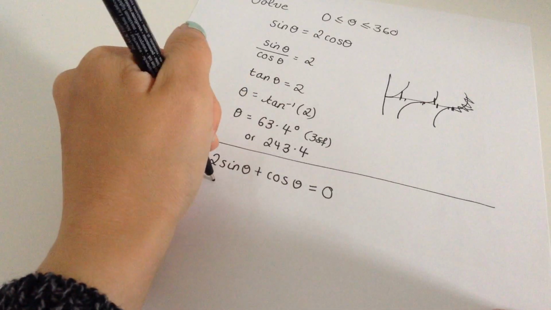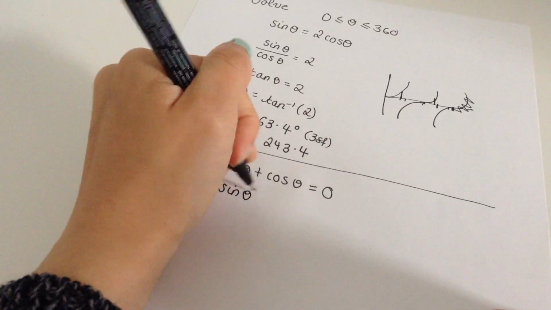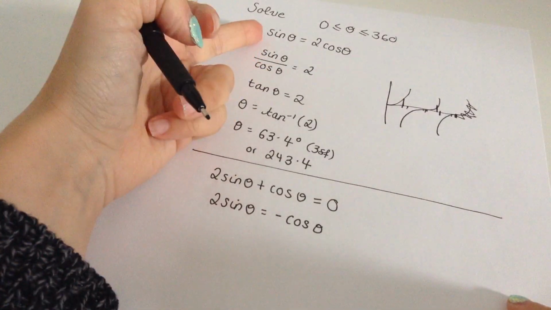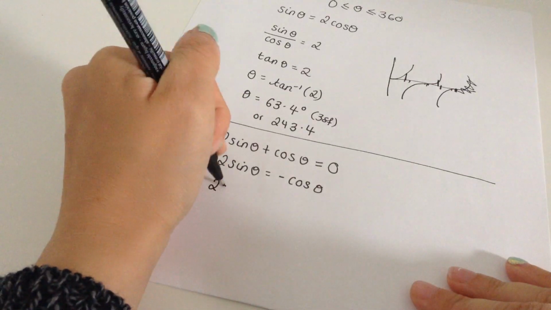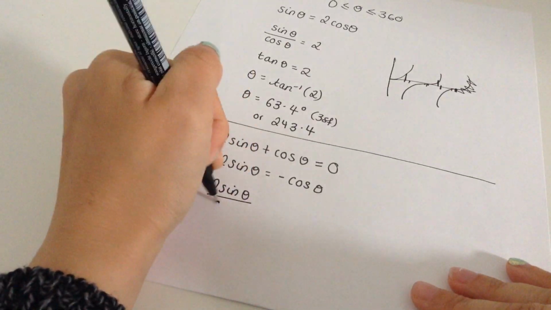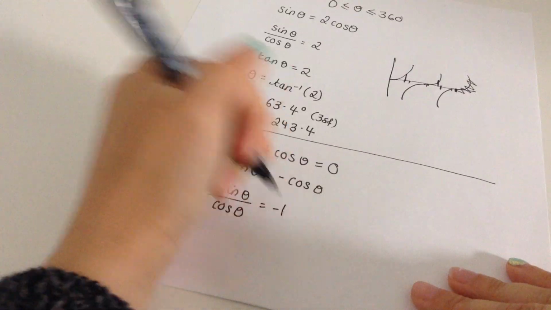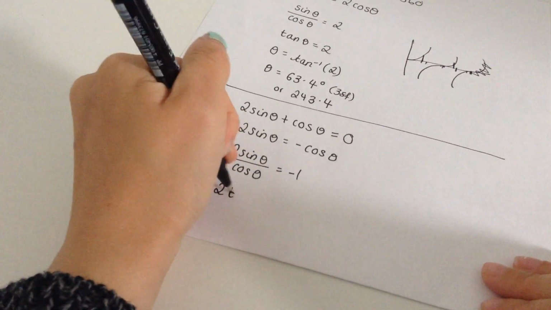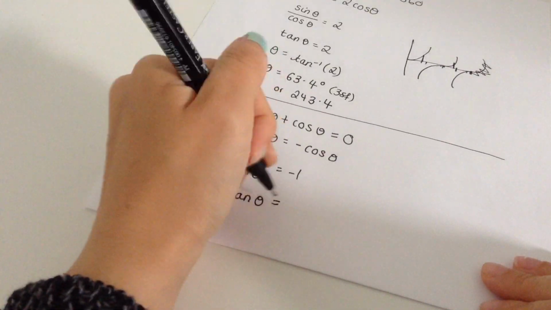If I take away cos from both sides, then it's basically the same as that. I can divide both sides by cos, and then I have a tan. Well, I have a 2 tan.